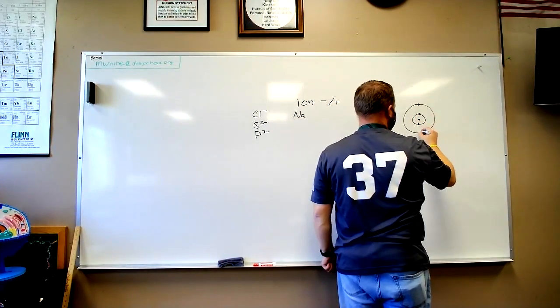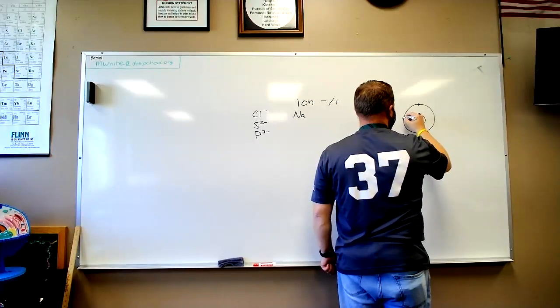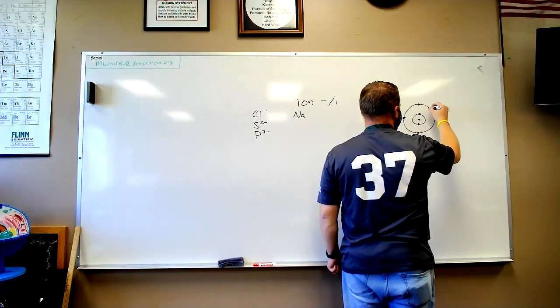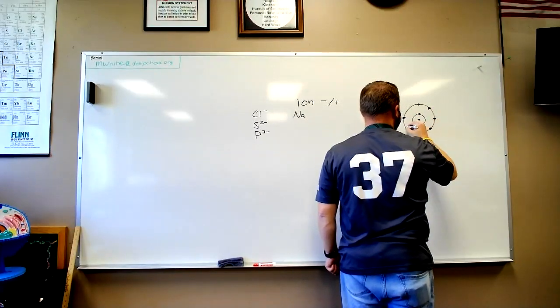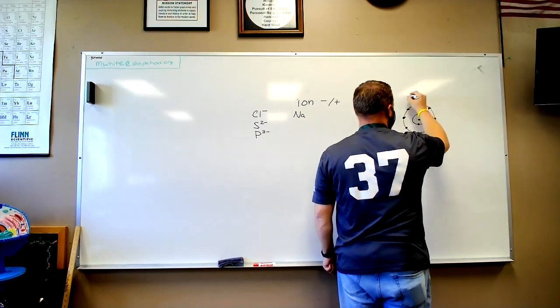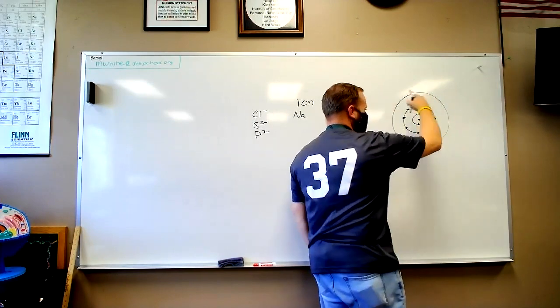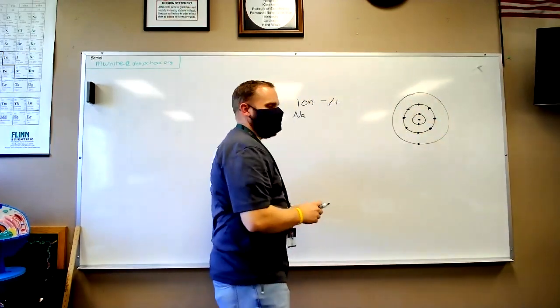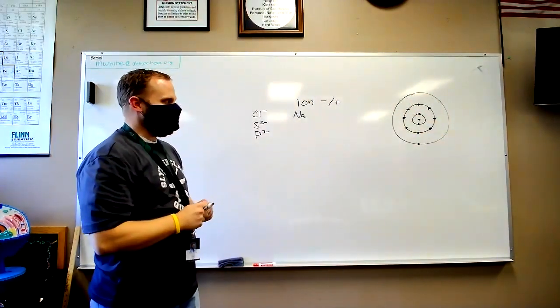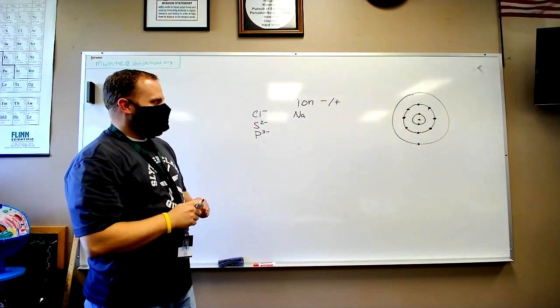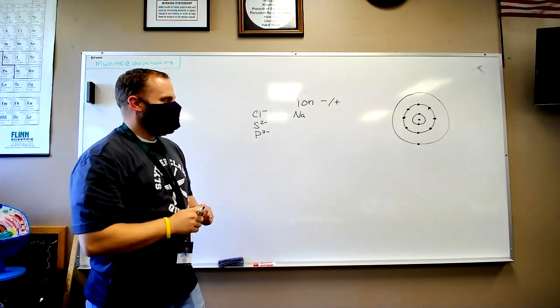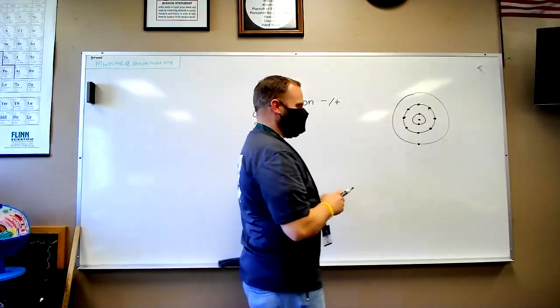We have 1, 2, 3, 4, 5, 6, 7, 8, 1. So there's 11 electrons there. Okay. So what do we think is going to be easier?